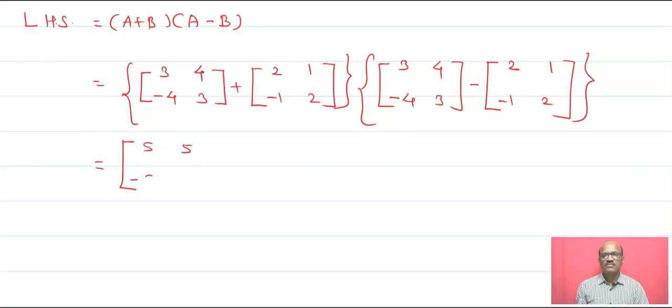Therefore, 5 5 minus 5 5 into their subtraction, that is 1 3 minus 3 1.